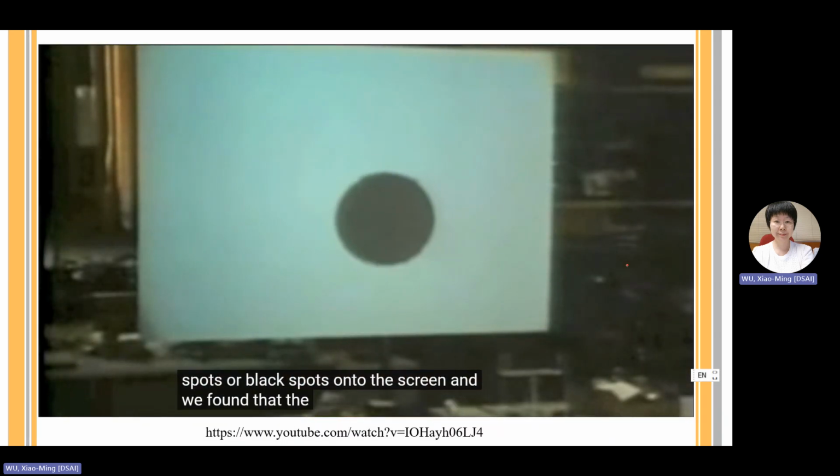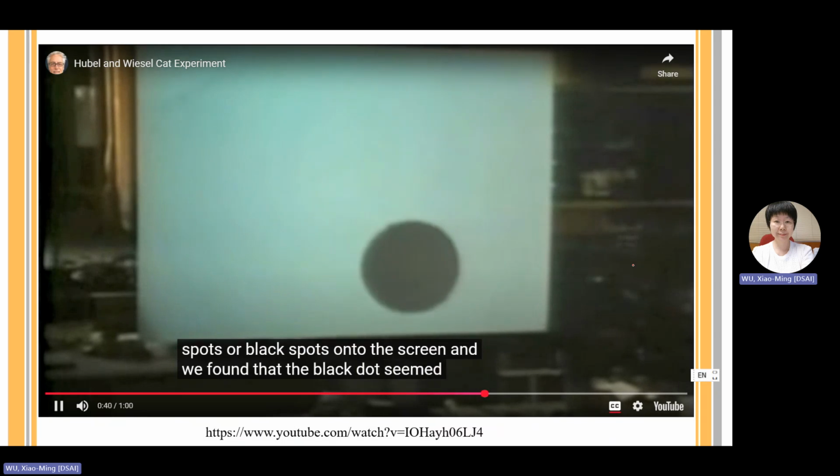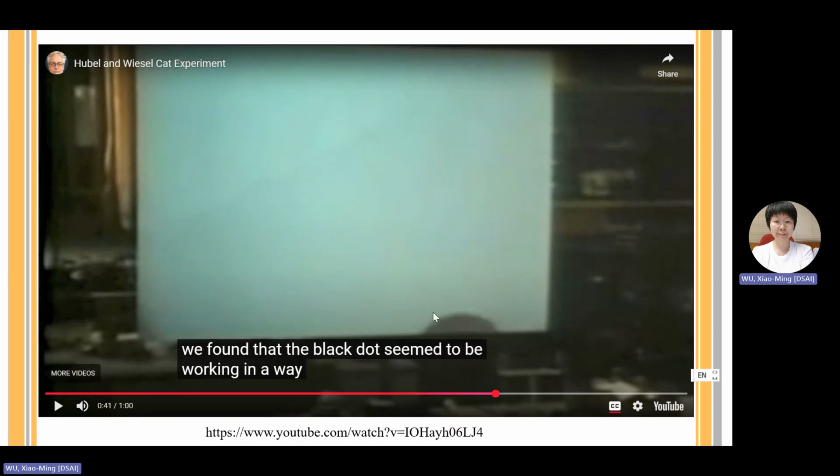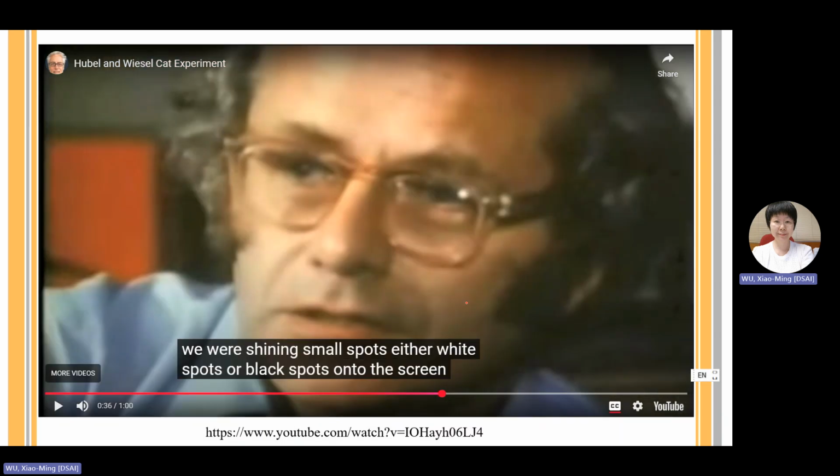And we found that the black dot seemed to be working in a way. They were shining these small spots, either white or black spots, on the screen, trying to see whether the cat responds to such stimuli.